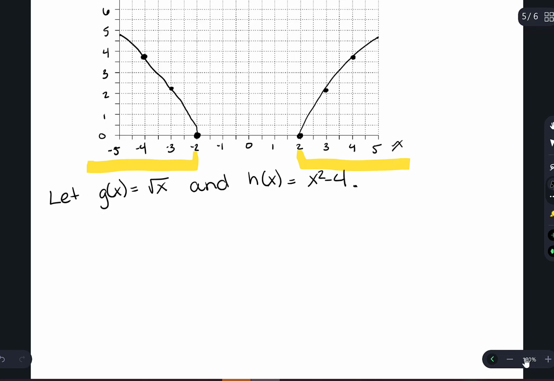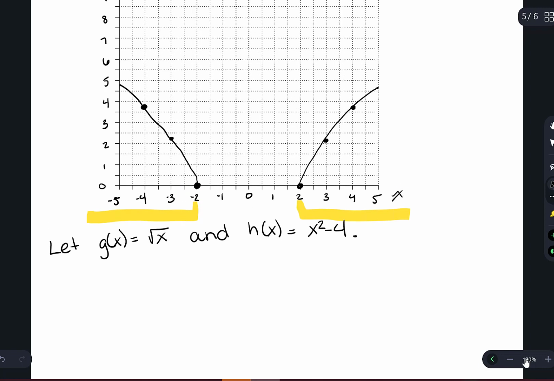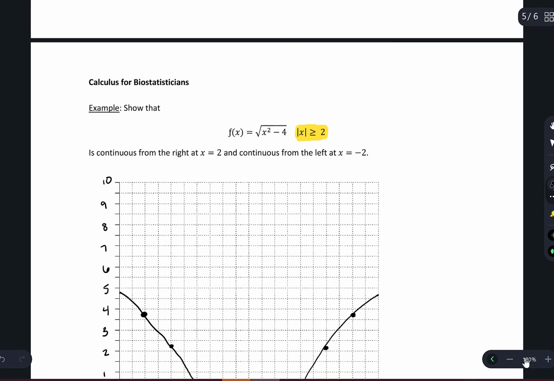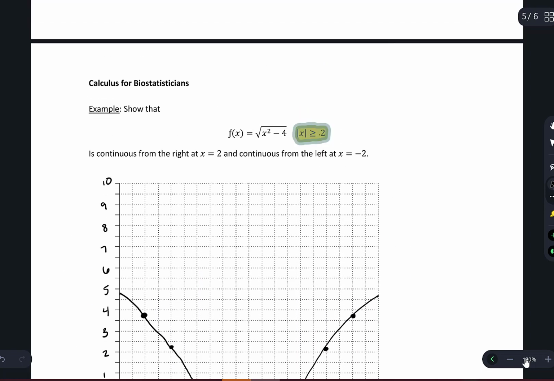And so you might ask, well, why would we want to do that? Well, if we look at our function up here, f of x, notice that we've got the inside of the function, which is x squared minus 4, and then around that we've got the square root. So really what we've got here is what we call a composite. We've got one function, x squared minus 4, inside of the square root function.